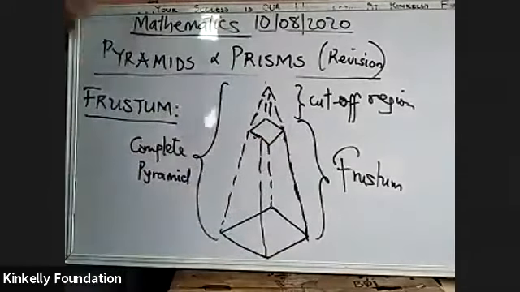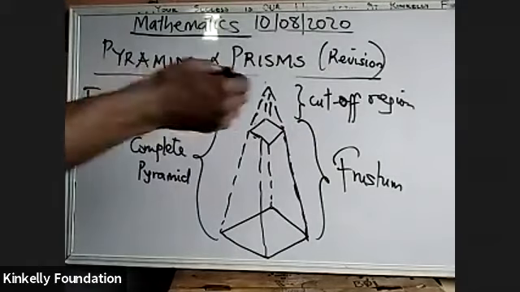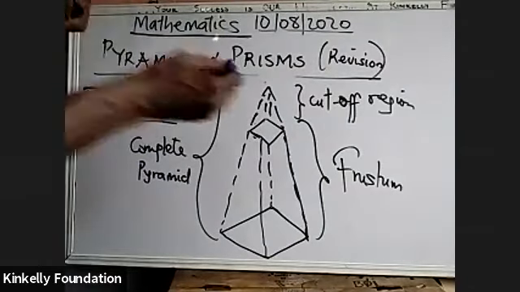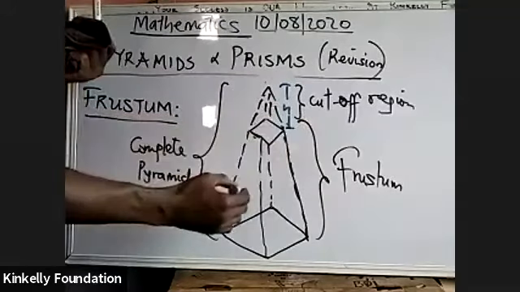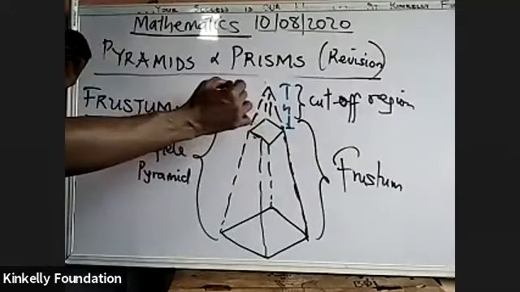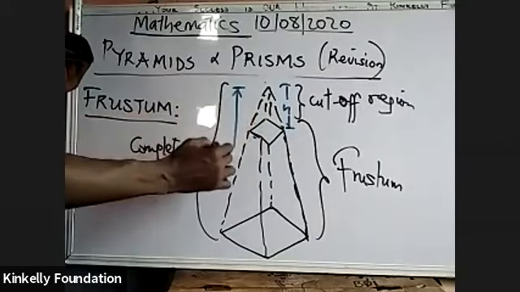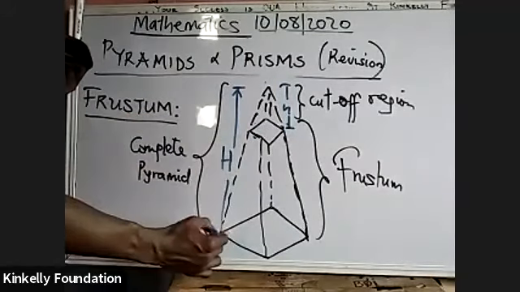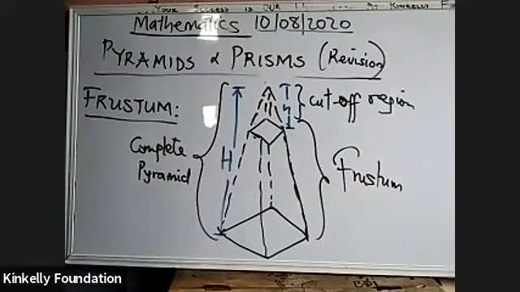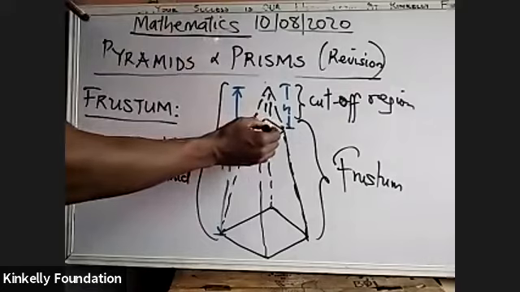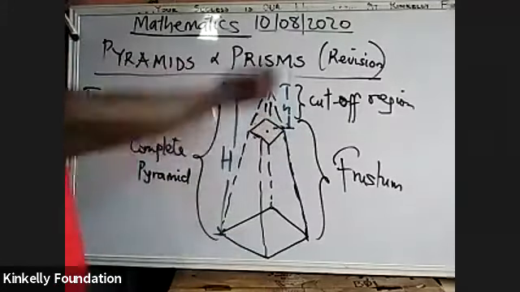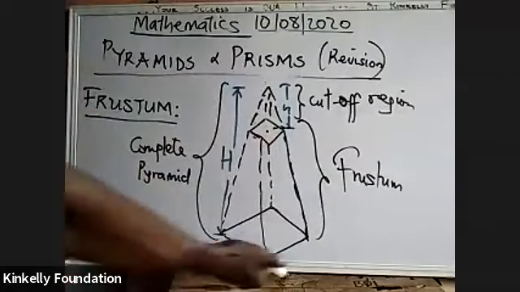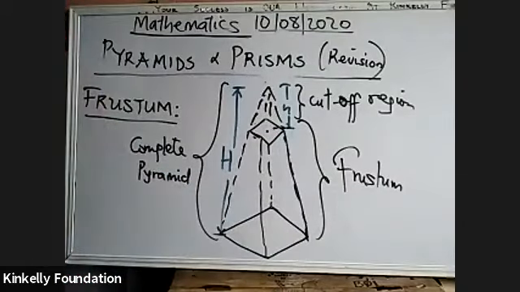Now, remember that the cut off pyramid has its own small height, from here to the down part. The smaller one has its own cross section, while the bigger one also has a cross section, that's the base cross section.